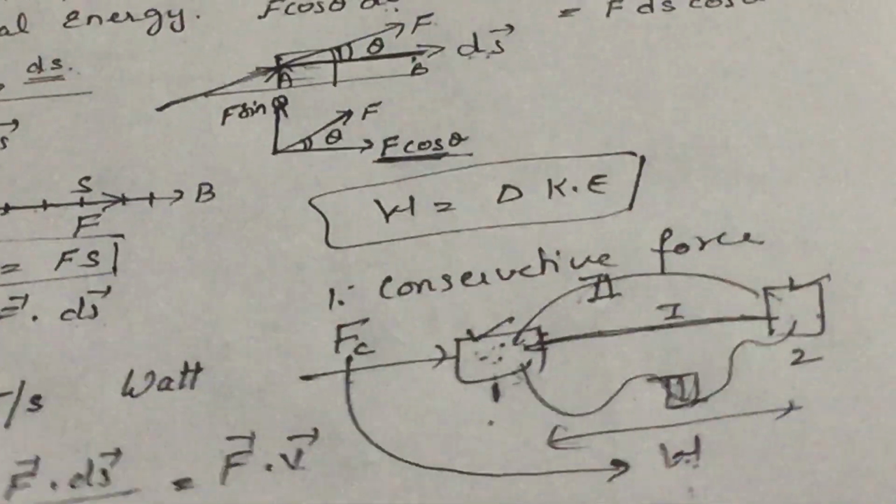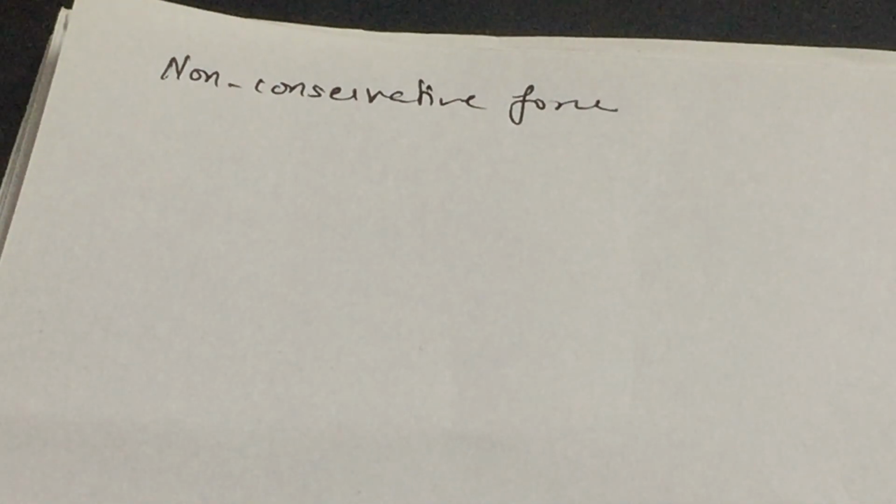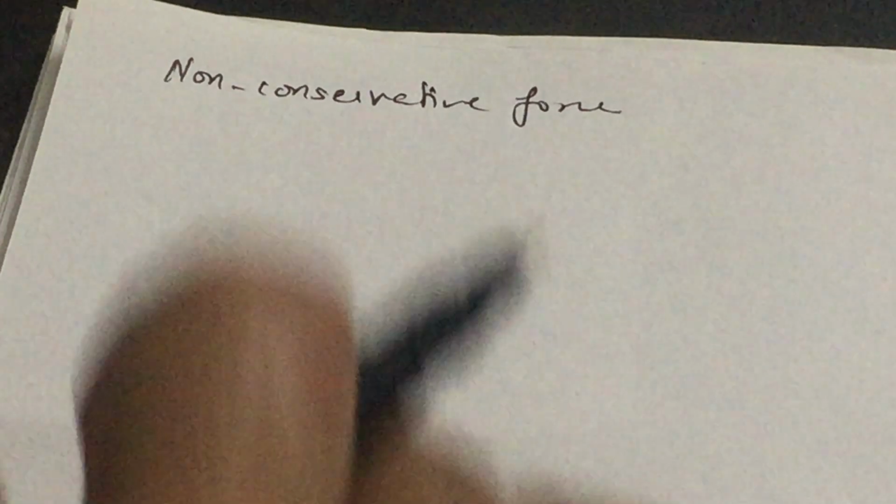Next, we are going to discuss non-conservative forces. Non-conservative forces are the opposite of conservative forces. Here, in this case, if the body is experiencing a non-conservative force, then the work done by these forces depends upon the path followed by the body.